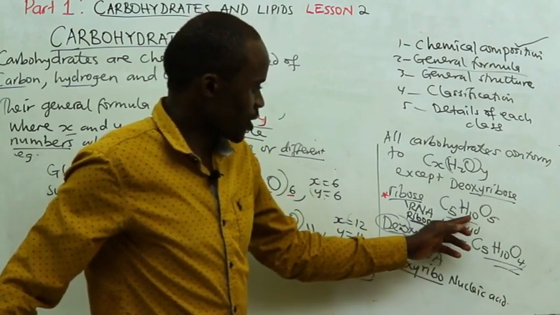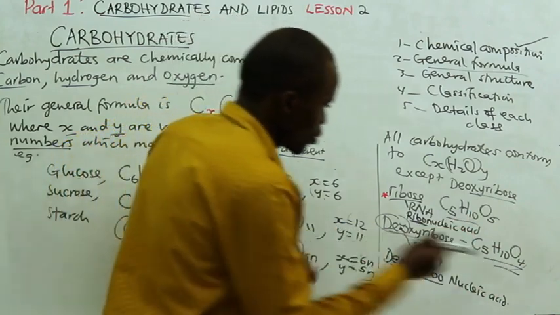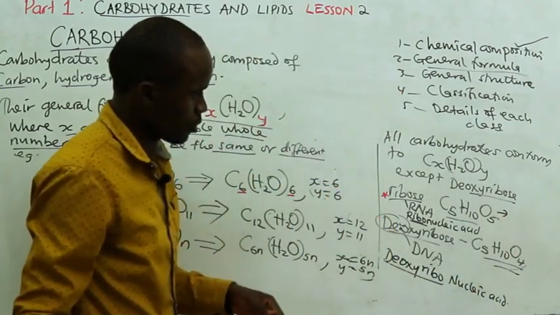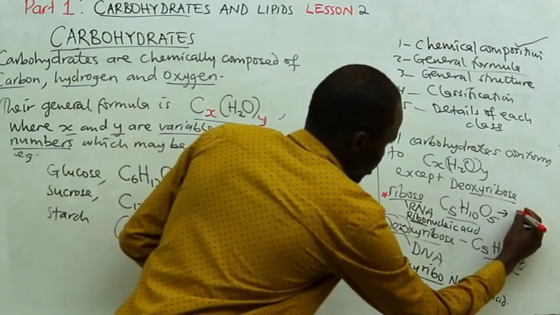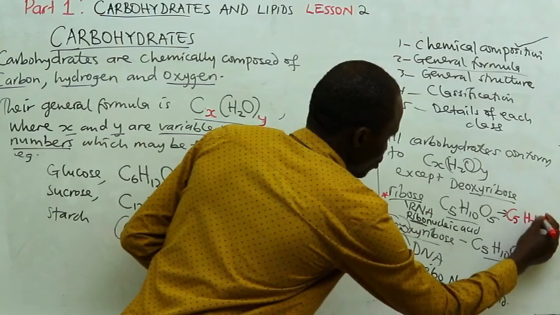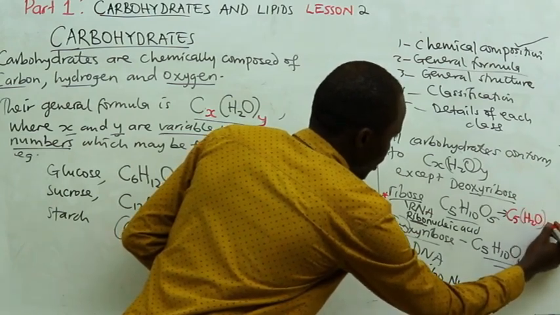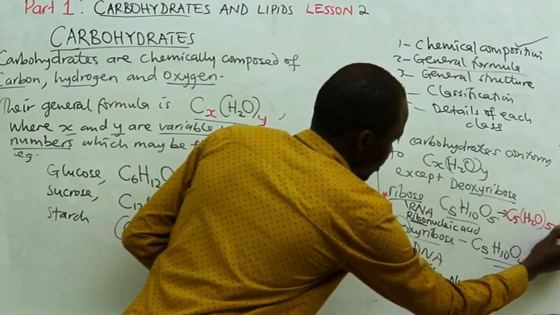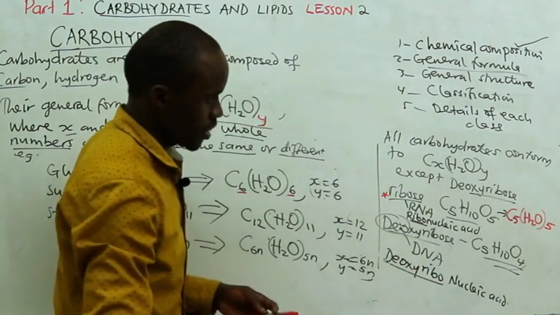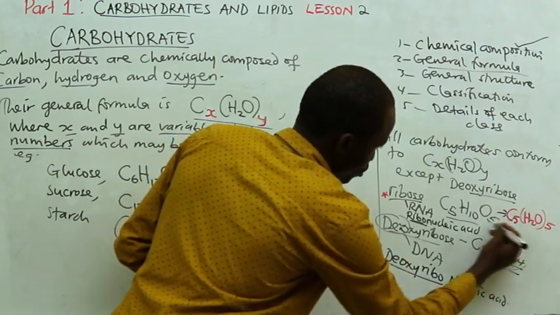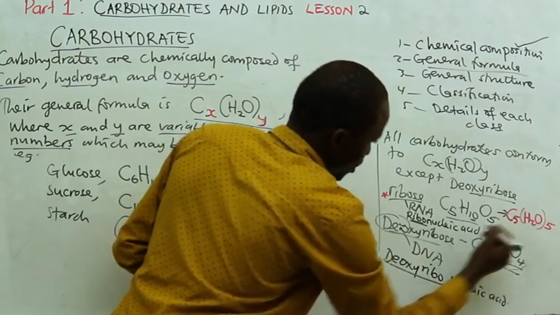And if you look at ribose, it can conform to the general formula, because we can easily have C5H10O5, so that when you multiply this 5, you get 5 times 2, you get the 10, and 5 times 1, you get the 5.